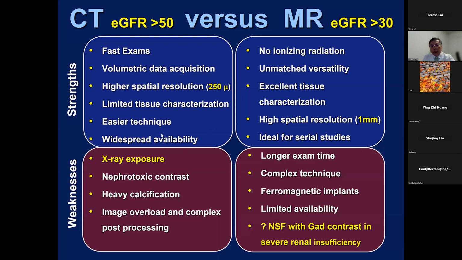CT is fast, you can get it done within a few minutes. MRI takes at least 30 minutes to an hour. So if a patient cannot stay inside the tube for too long, don't torture the patient with MRI. There's wider bore MRI, there's an open MRI, but not all of them can be used for cardiac evaluation.